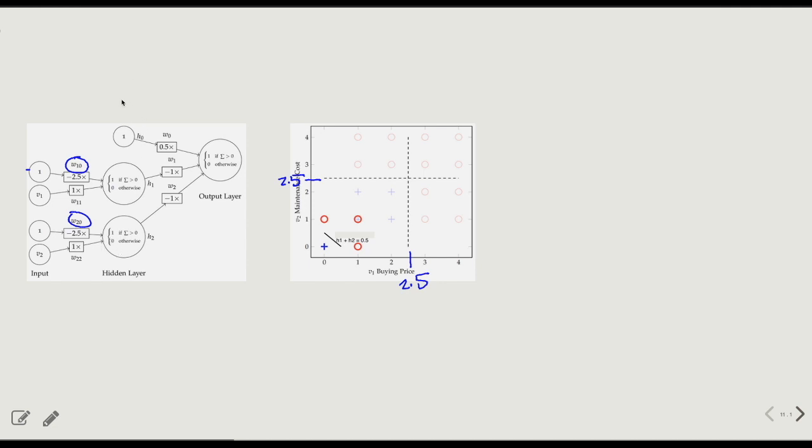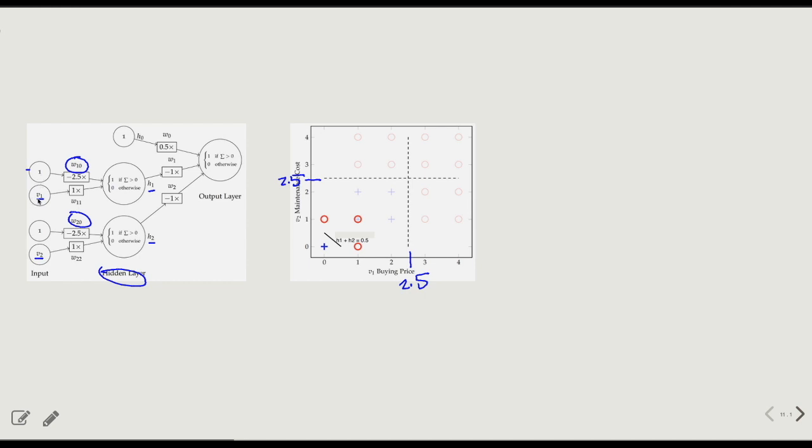So we have a hidden layer here, which is really applying the data transformation. And the transformed data values are called H values, H1, H2. And the input is the V1, which is the buying price in the Car Evaluation data, and V2, which is the maintenance cost.